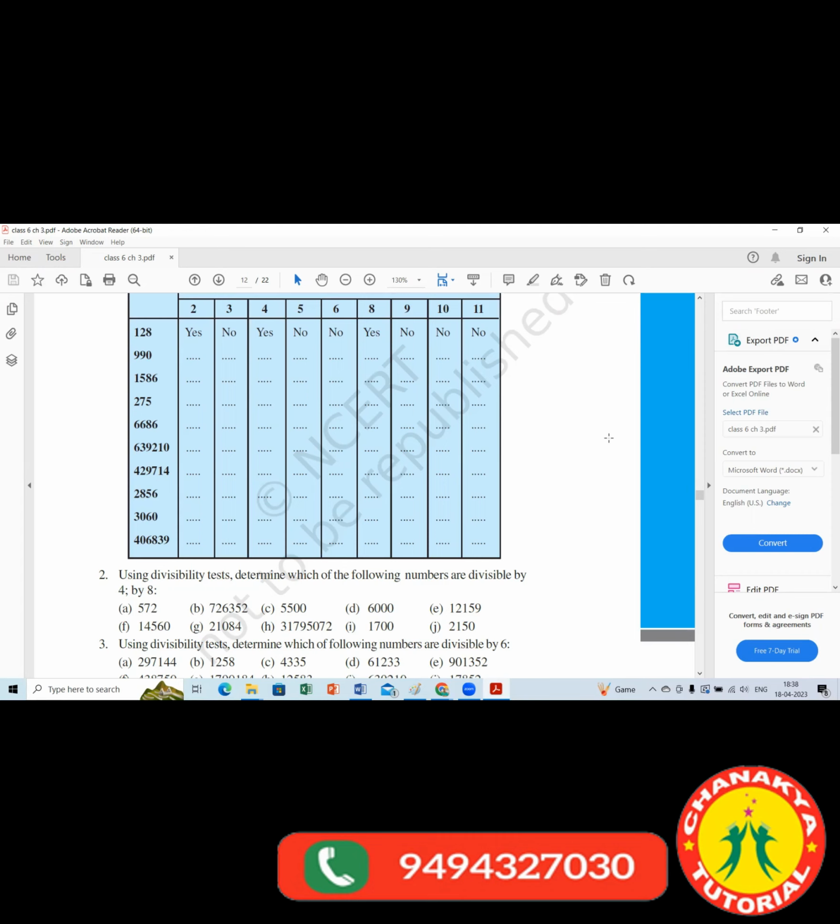The first is 2. The divisibility rule of 2 is the units place must be an even number. Very good. What is the last digit in your number? Yes, ma'am. Then 3. The divisibility rule of 3 is the sum of the digits must be divisible by 3. One second, ma'am, I'll add.